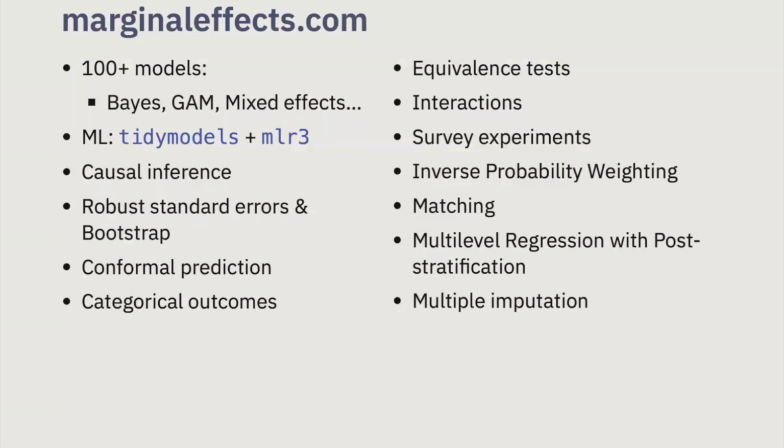So if you do a multinomial logit or something like this, equivalence tests, interaction survey experiments, IPW matching. This one is fun, some people call this MRP, post-stratification, and then multiple imputation. So there are detailed case studies with code in both R and Python, actually.